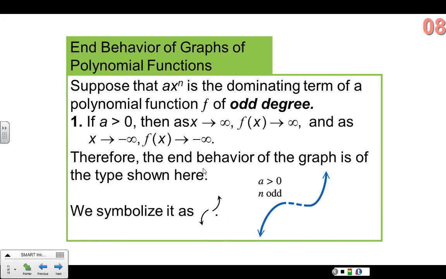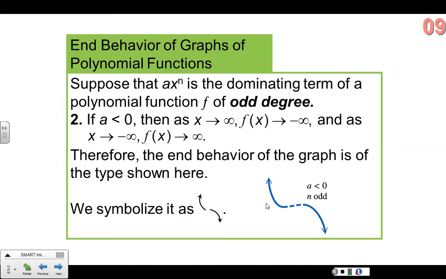The end behavior of the graph is much like the end behavior of a cubic equation. So it's going to go down and then up. If your coefficient is positive, on the left side you're going to go down. On the right side you're going to go up. So if a was a negative number, what do you think would happen? It should reverse that, like the reverse of the x cubed equation.